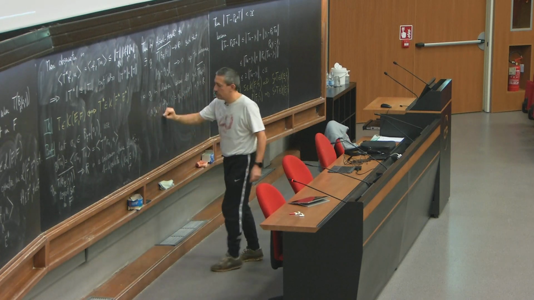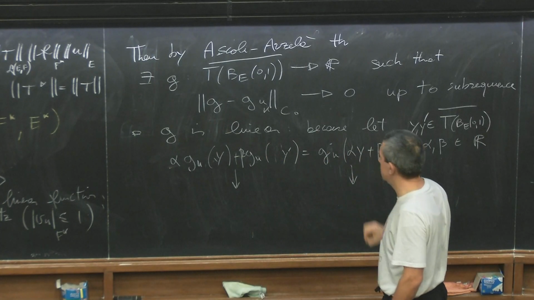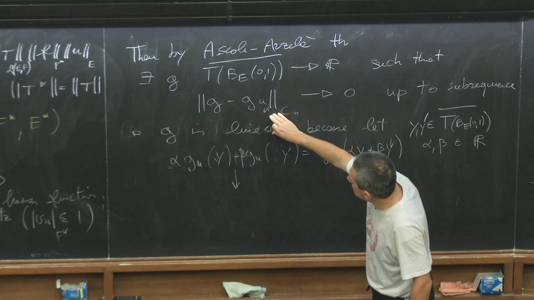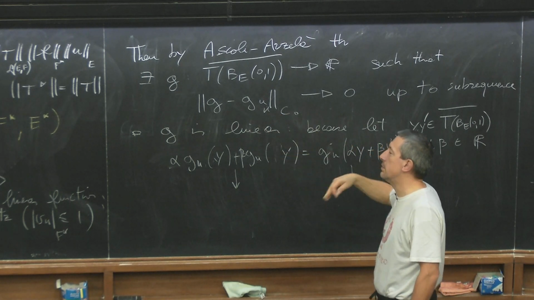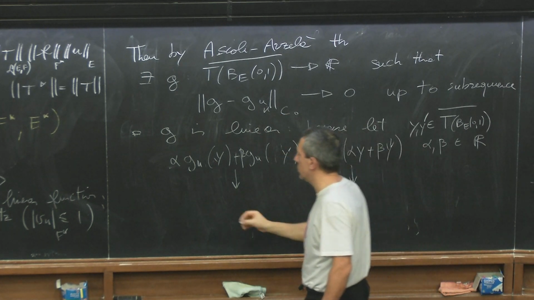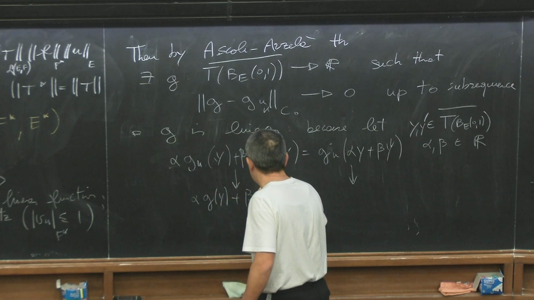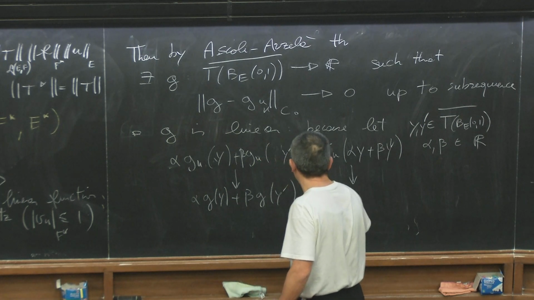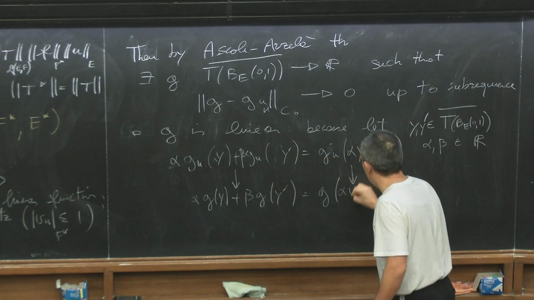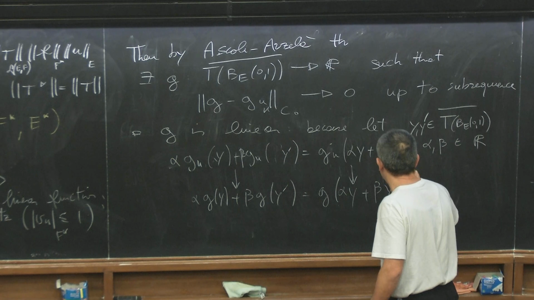And so now you pass to the limit along this sequence, and the C0 convergence implies the pointwise convergence, so you get that alpha G(y) plus beta G(y prime) equals G(alpha y plus beta y prime).